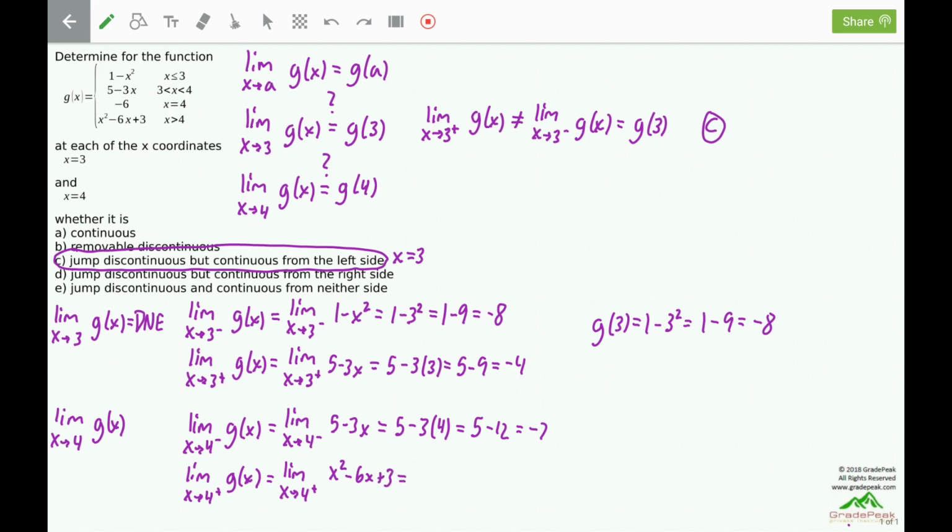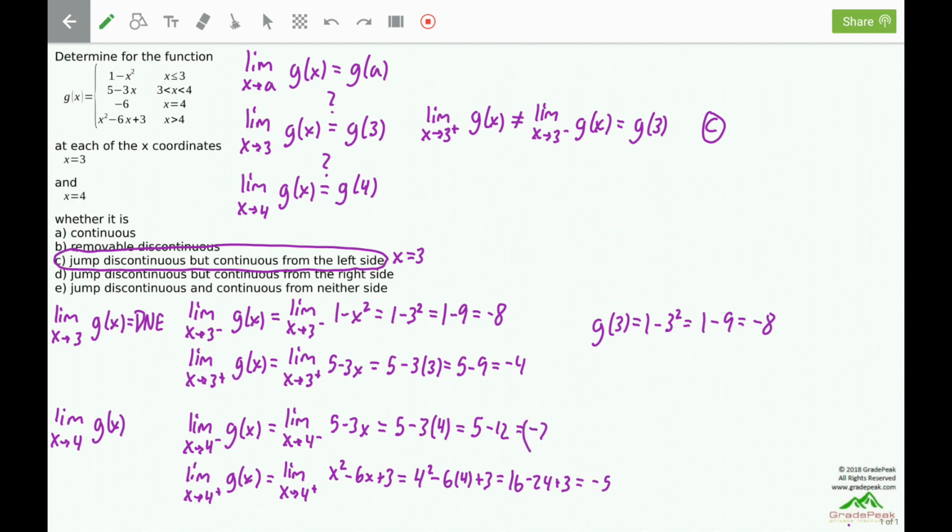We can now try plugging in an x value of 4 for each of the x's. So we'll have 4 squared minus 6 times 4 plus 3. 4 squared is 16, minus 6 times 4 is negative 24, and then plus 3. 16 minus 24 is negative 8, plus 3 is negative 5.